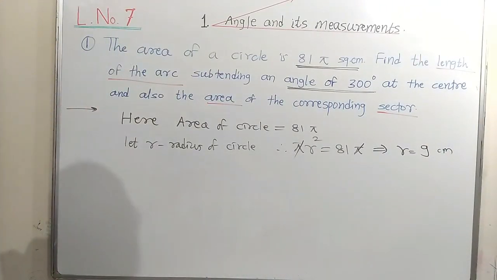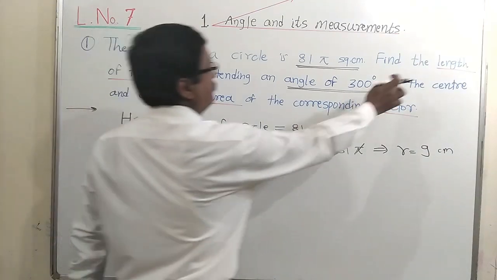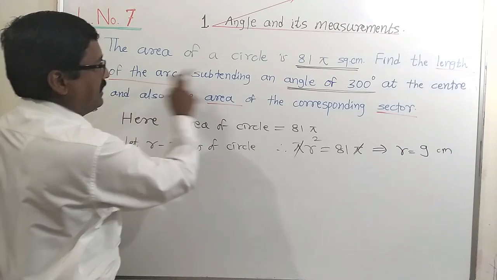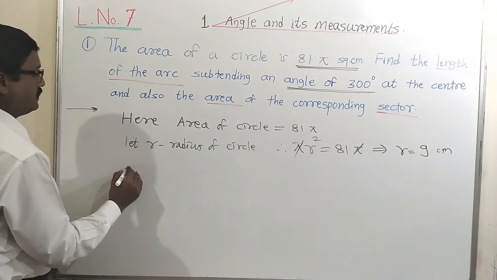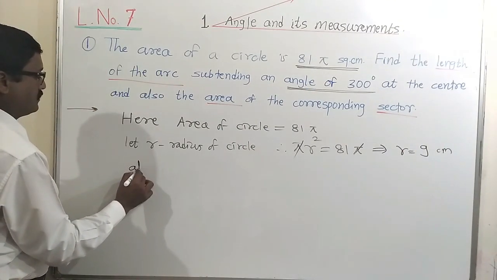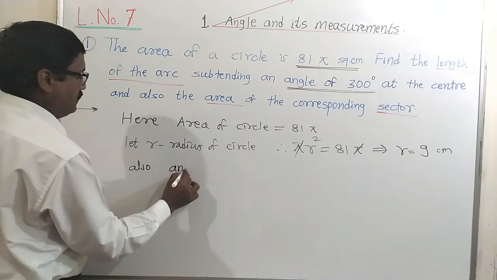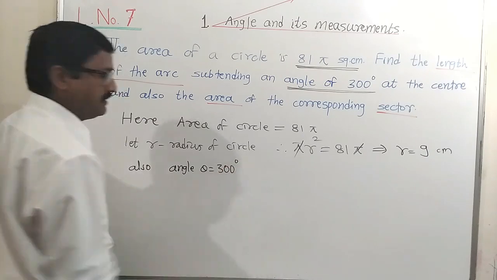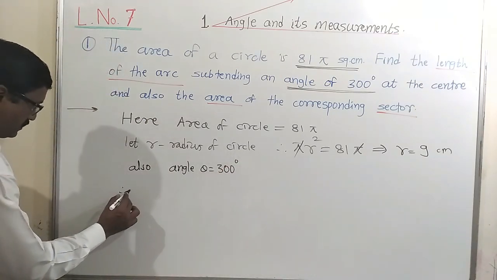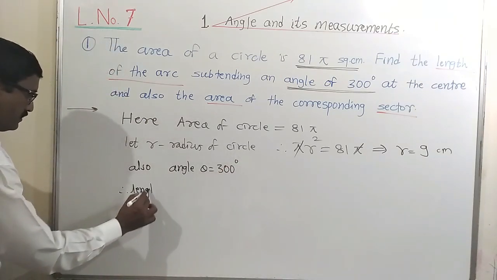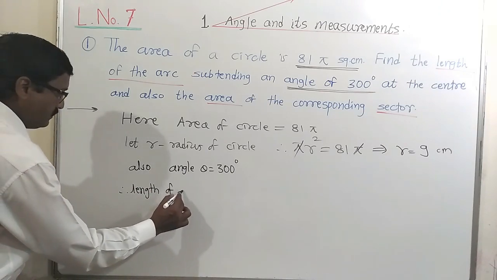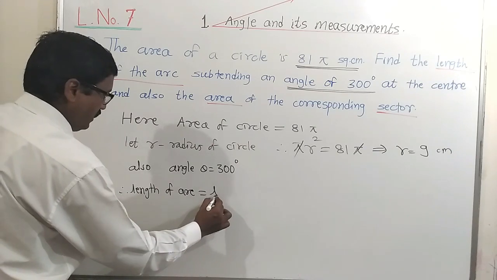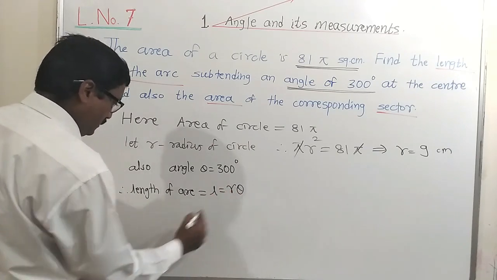Now, the question asks to find the length of the arc, and the angle theta is equal to 300 degree. Therefore, the length of arc is L, that is equal to r theta.